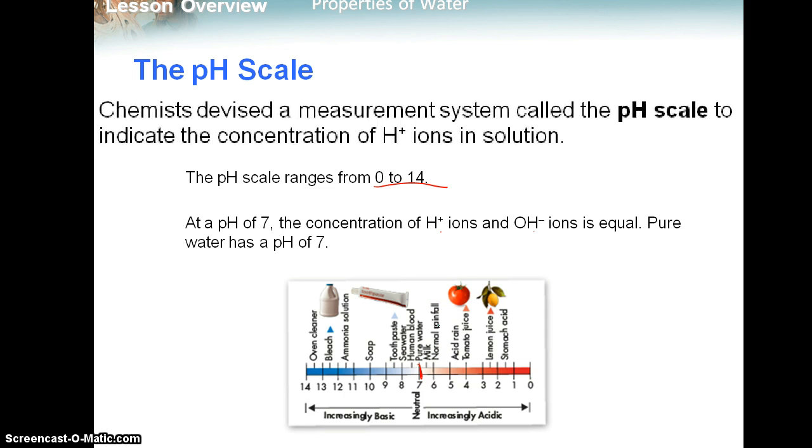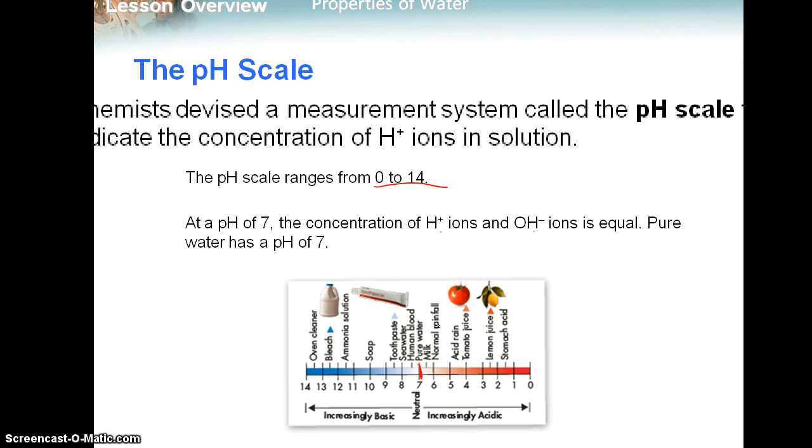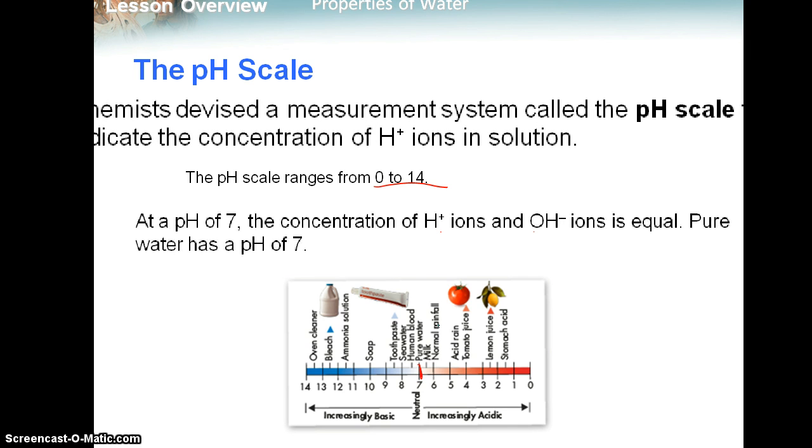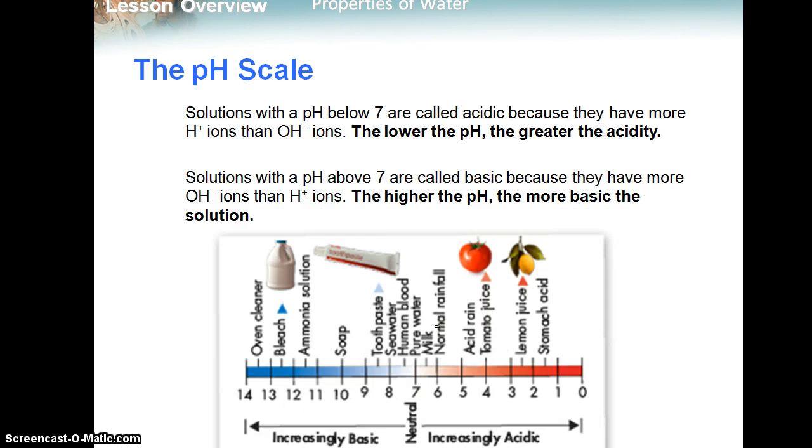The more acidic we are, sorry, there's a little reminder for you. The more acidic we are, the lower our pH is going to be. So this is going to be a really strong acid down here. Strong acids are between 3 and 0.